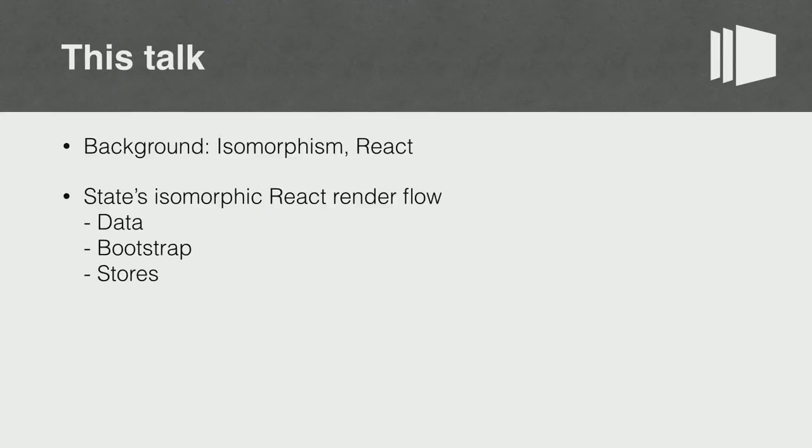And specifically, how to use data and talk to an API isomorphically with React, how to bootstrap the context that you render with on the server and pass it along to the client so you can render it in the same way, and how to use something like Flux data stores isomorphically. OK, so let's get started.